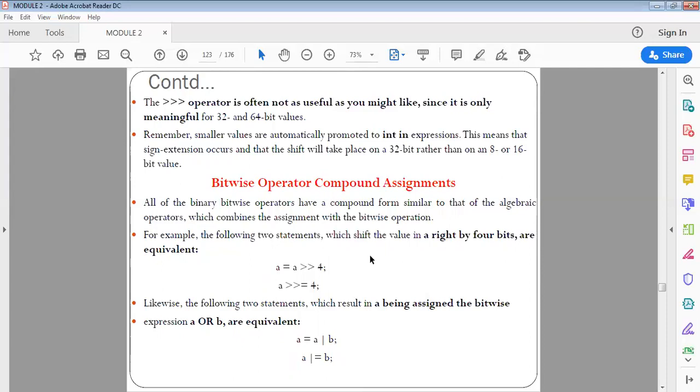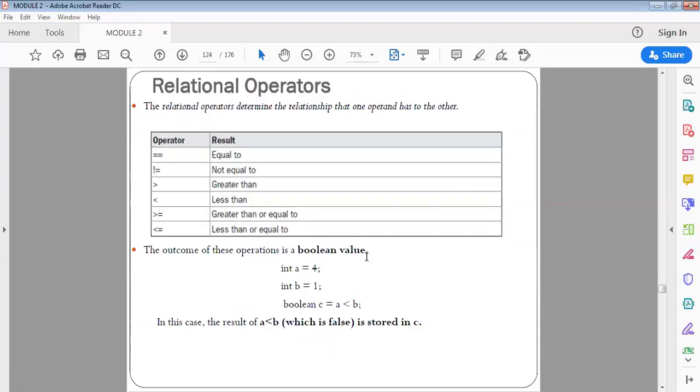So you can write a right shifted by 4 times as a >>= 4. Similarly, you can carry out all the assignment operators for OR, XOR, and so on. For example, a = a | b can be written as a |= b. This is the bitwise operator compound assignment.